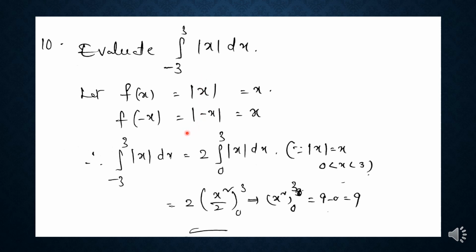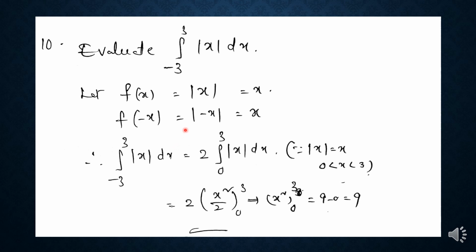If the given function is an even function, we can write the property as integral minus a to a f of x dx is equal to 2 into integral 0 to a f of x dx when f of x is an even function.